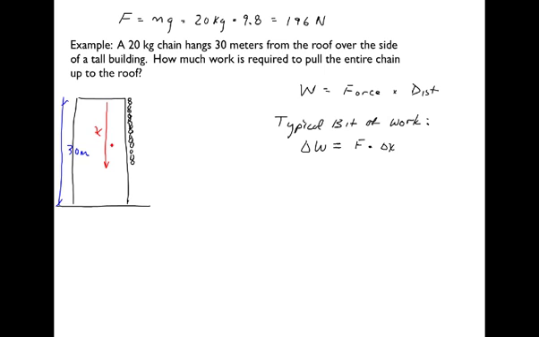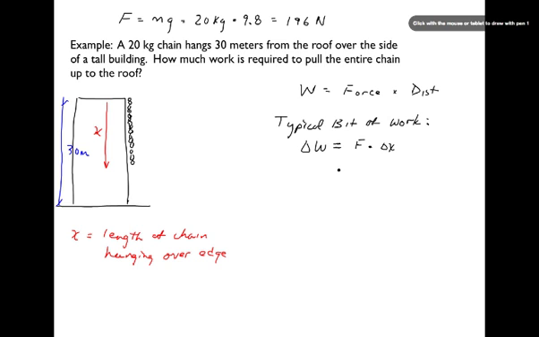X is the length of chain remaining hanging over the building. Okay, length of chain hanging over the edge. It started as the whole length of the building, and here I am at some point, and only X remains. So what is the force? The force is the weight of X meters of chain.